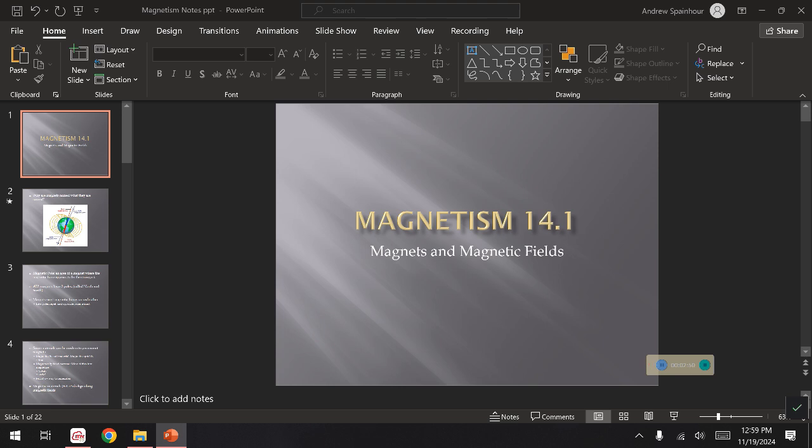So if Earth is a big magnet, and the north side of the magnet attracts north, that means we now have to separate geographic north, which is still north, don't need to worry about that, and what is now considered magnetic north.